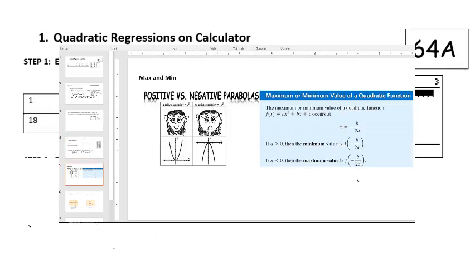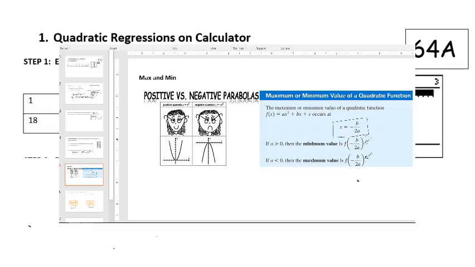We're going to briefly go over max and min again. We have looked into maximums and minimums earlier, and we know that the equation for finding the x-coordinate of a maximum is negative b over 2a. After we find negative b over 2a, we can find the y value by substituting negative b over 2a into the original function.